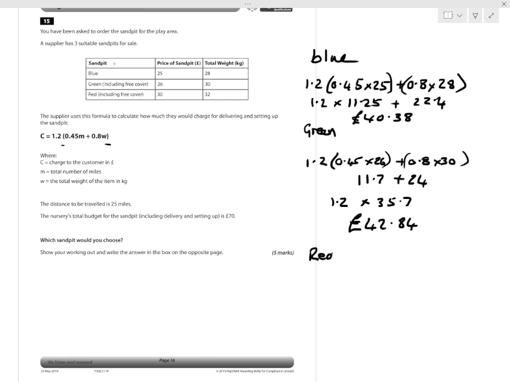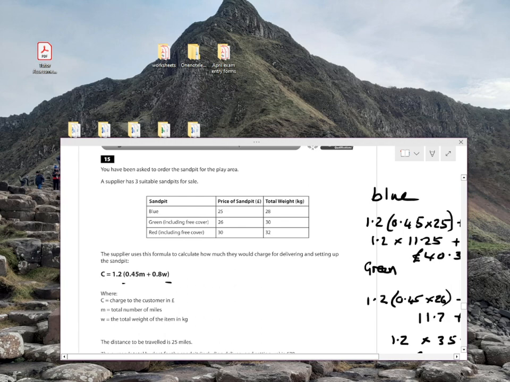The red one. So 1.2, 0.45 times the miles. Oh, why did I do 26 there? That's completely cockeyed.